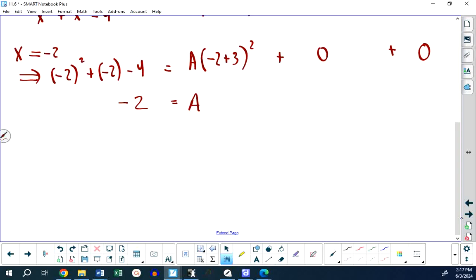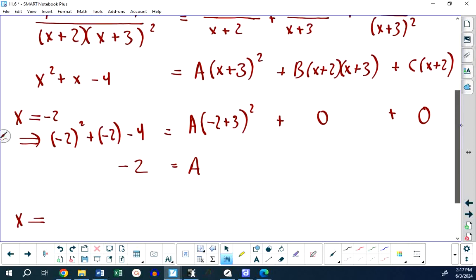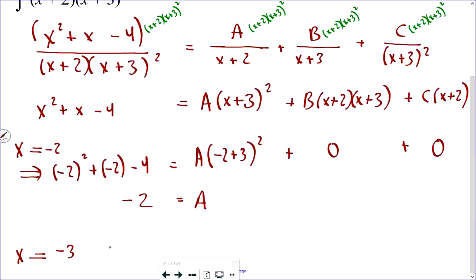Now what we can do is strategically place a different value of x in. And we're going to put in negative 3 because that will eliminate the A term and the B term and allow us to find the C term. So what is that going to give us? Let's see.